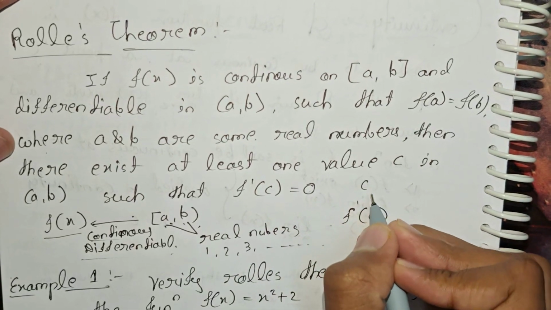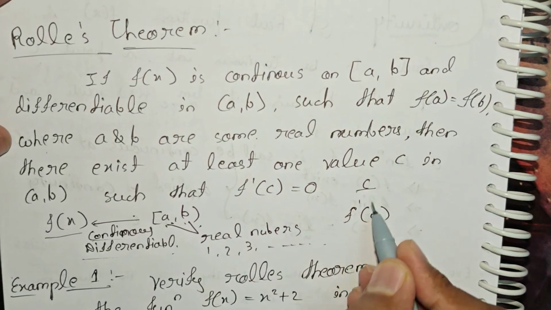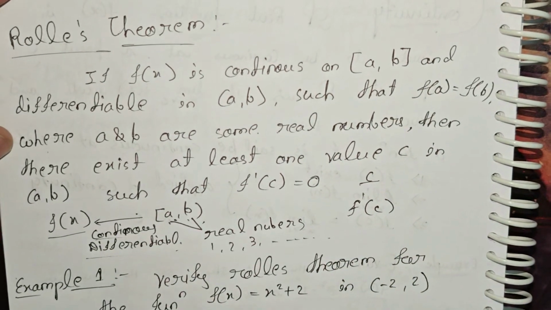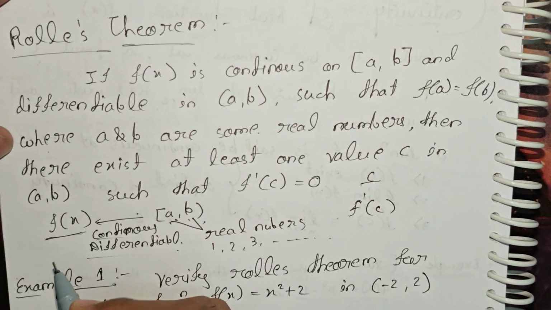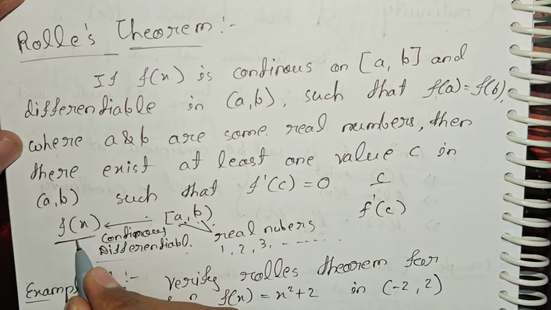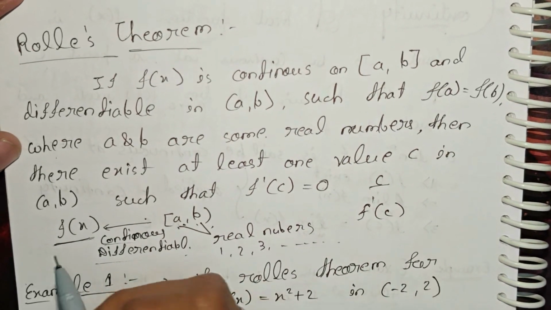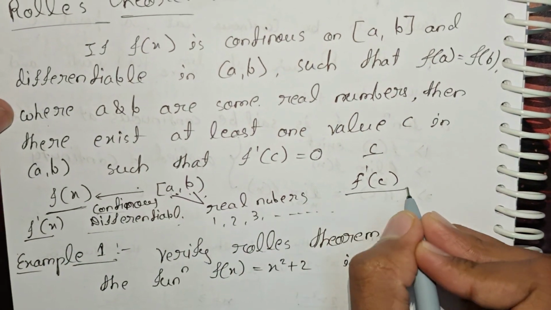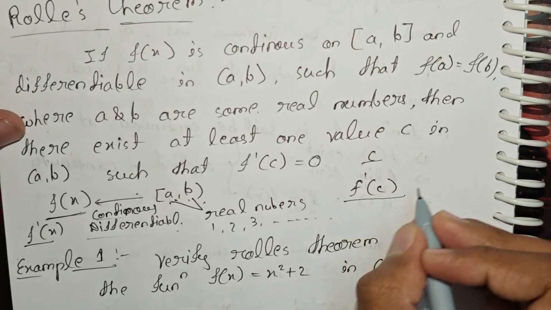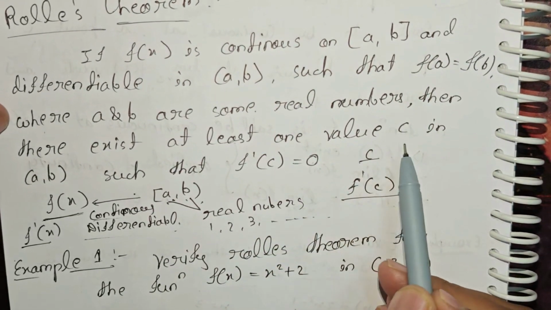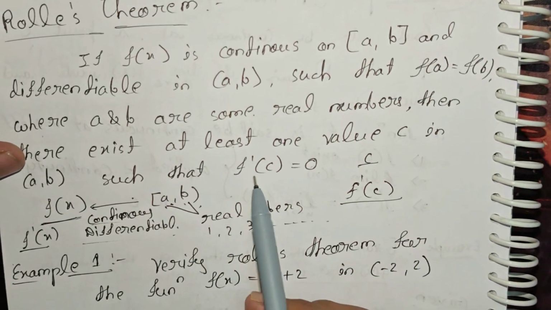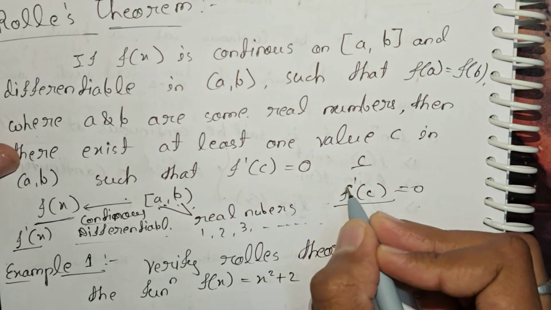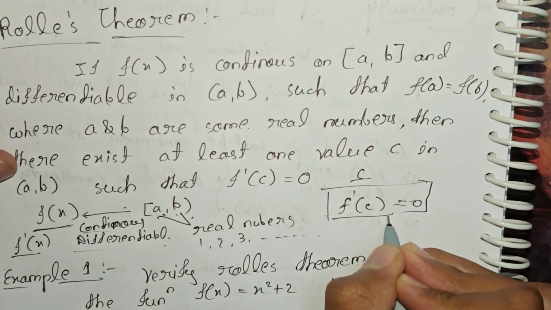When we differentiate the function f of x with respect to x, it becomes f dash of x, and f dash of x and f dash of c are the same value. So the theorem says there is a value c in (a, b) such that f dash of c is 0. When this condition happens, f dash of c will be 0.